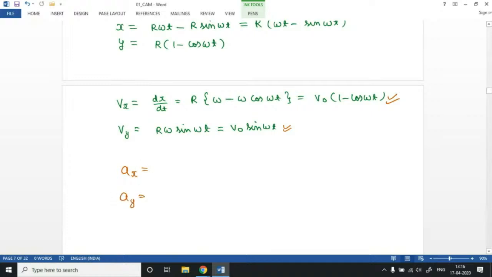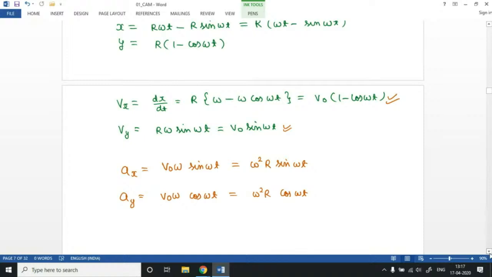Just by differentiating, you get v naught omega into sine omega t over here, and this will be simply v naught omega into cos omega t. So v naught omega is also omega square r, and that would be omega square r sine omega t, and omega square r cos omega t.